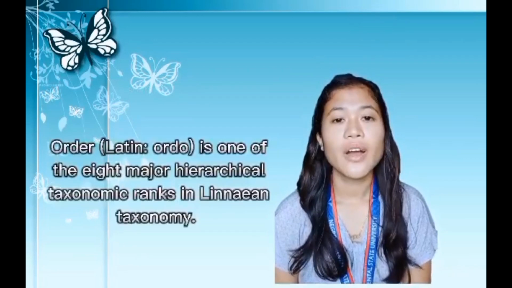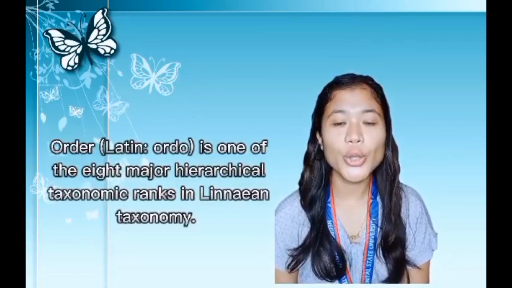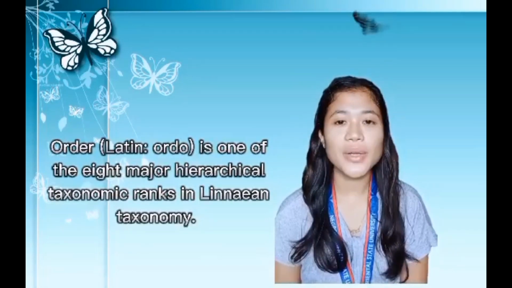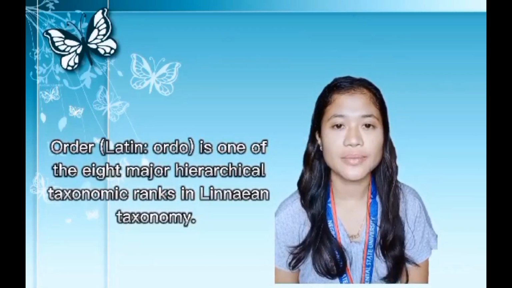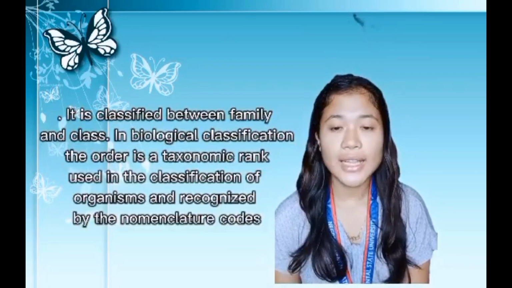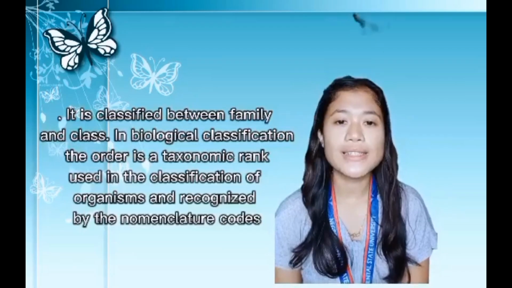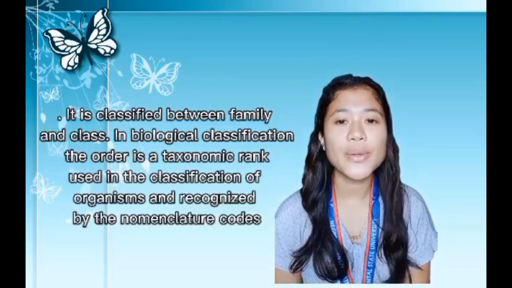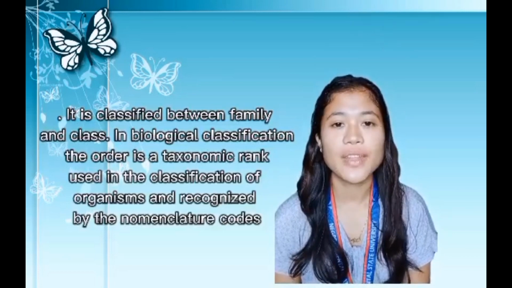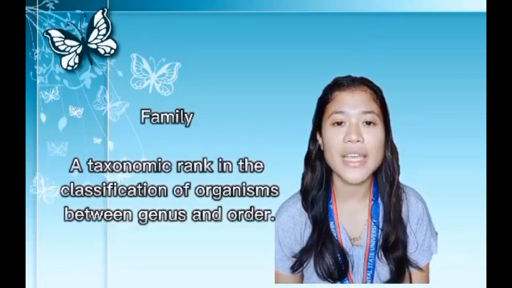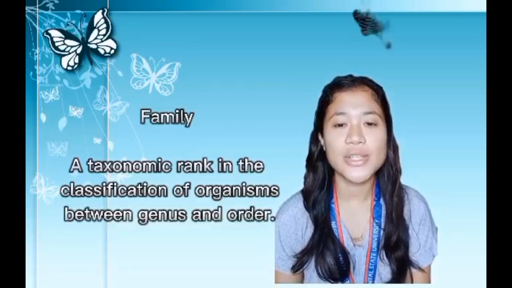Order, or Latin ordo, is one of the 8 major hierarchical taxonomic ranks in Linnean taxonomy. It is classified between family and class. In biological classification, the order is a taxonomic rank used in the classification of organisms and recognized by the nomenclature codes. It ends with ales or ae. Family is a taxonomic rank in the classification of organisms between genus and order.